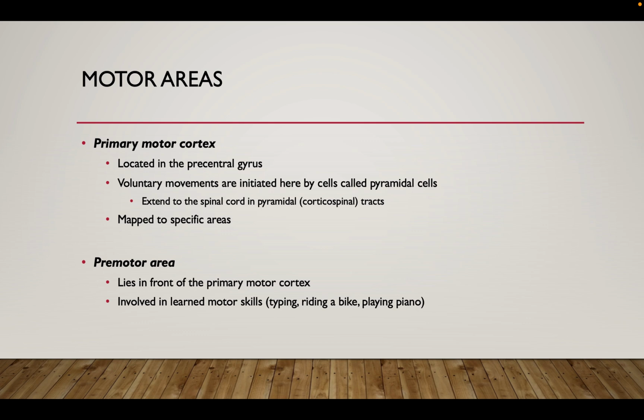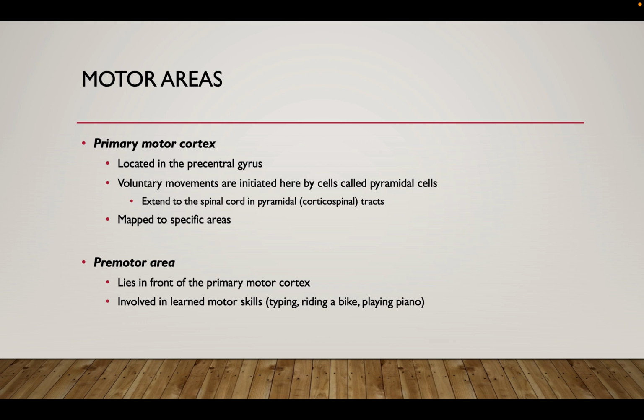Maybe you took a typing class in grade school or when you were younger. That is a learned skill, and it's not something that you forget, really. Even if you don't type for a longer period of time, it's not something that goes away. Riding a bike, you hear the term, it's like riding a bike, you don't forget. And for the most part, that is true.